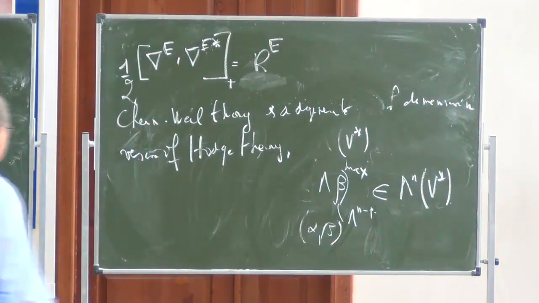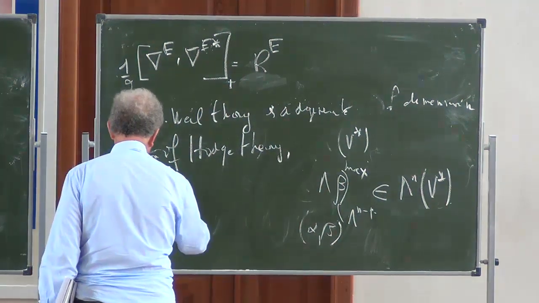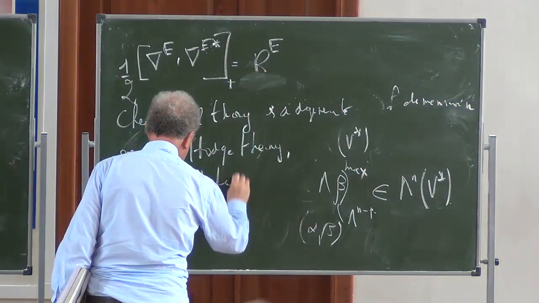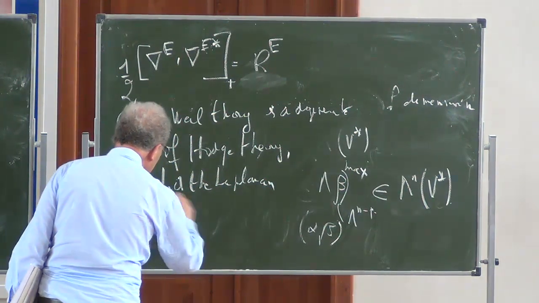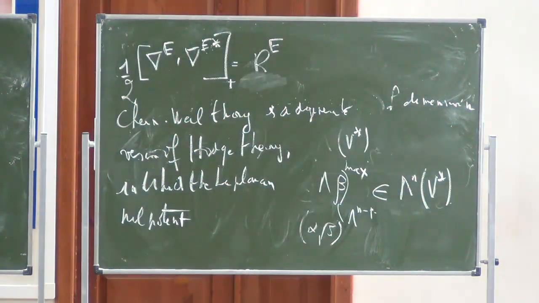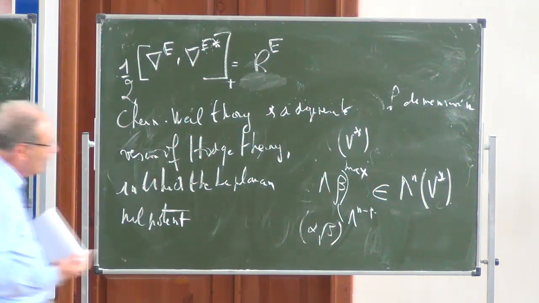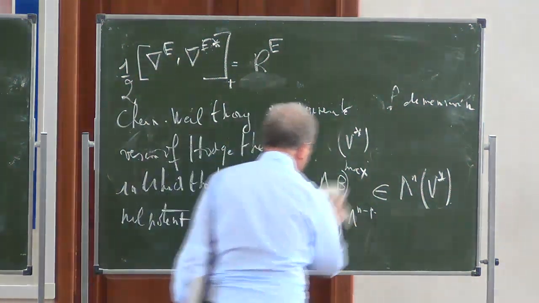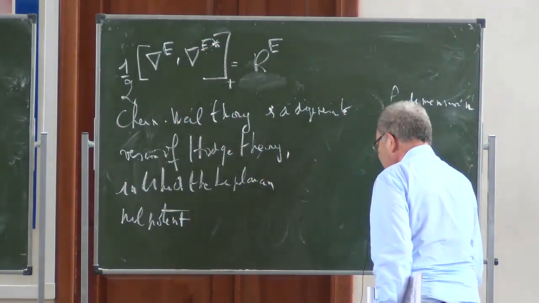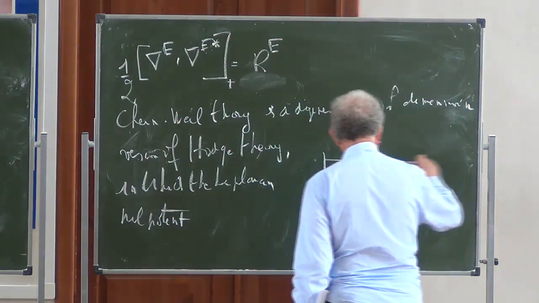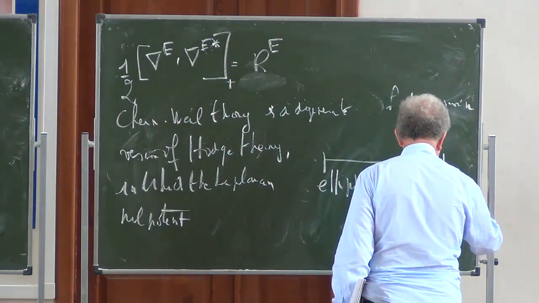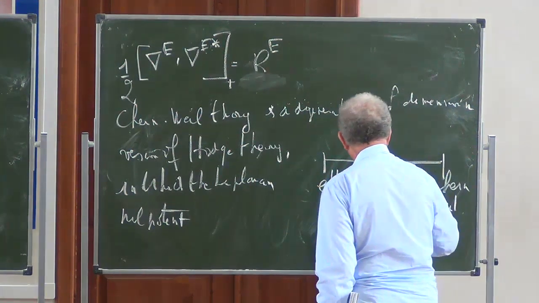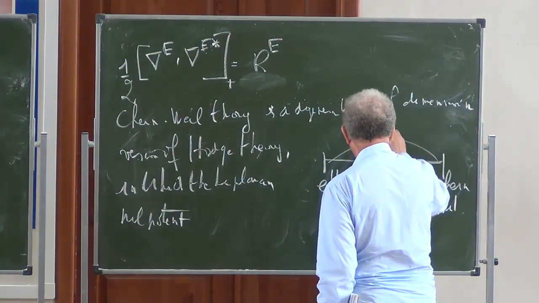In classical Hodge theory, you have Laplacians which are elliptic operators. In Chern-Weil theory, we have nilpotent operators, and this is exactly what I will develop in the last part of the course. This will be the hypoelliptic theory that will sit exactly in between the classical elliptic theory and Chern-Weil theory, which is now a Hodge theory, and in between there is a whole gray line, which are these hypoelliptic theories.